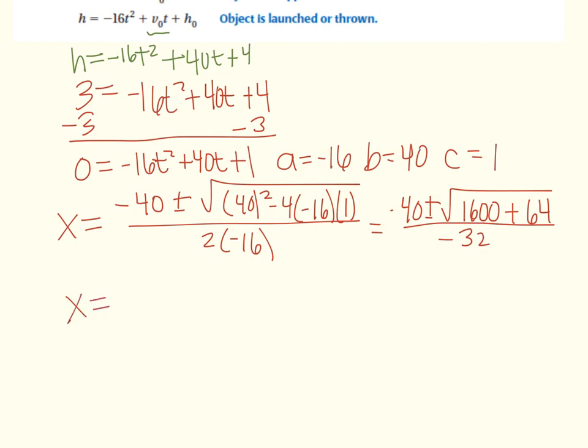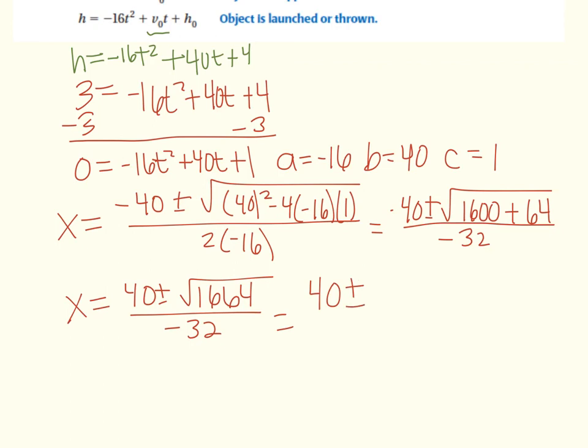So x equals negative 40 plus or minus the square root of 1,664 over negative 32. So we can break down the 1,664. 64 goes into 1,664 26 times.